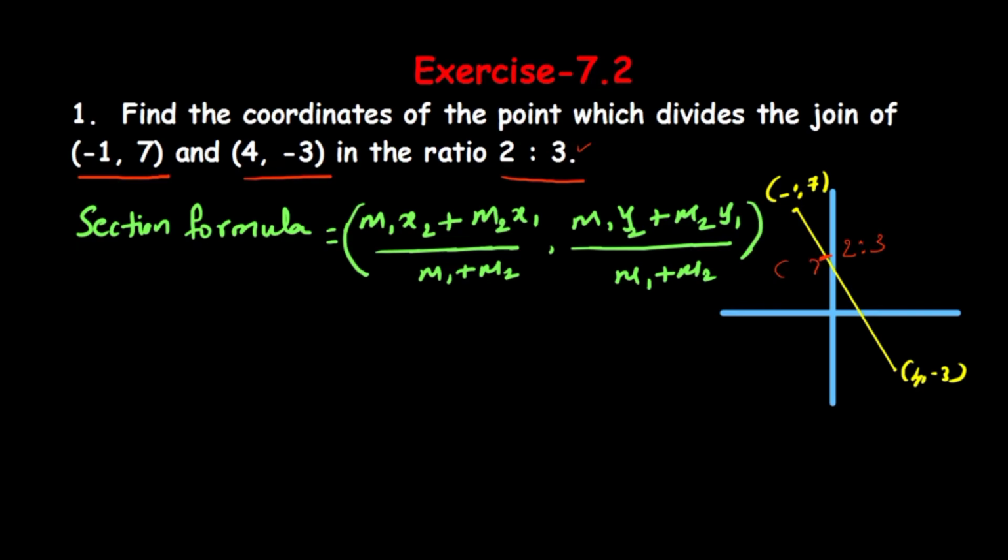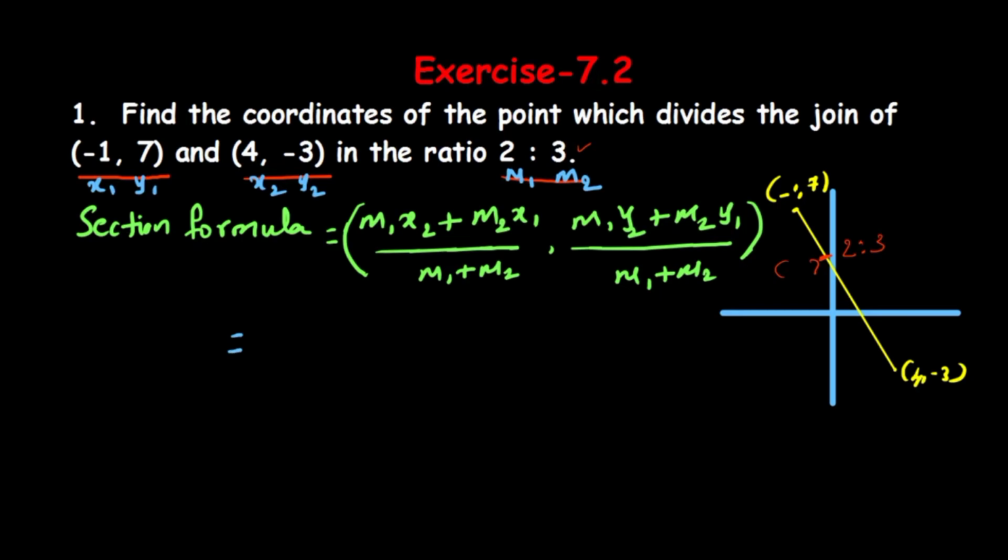What is m1 here? The m1 is the ratio part, so this one we consider as m1 and 3 as m2. So this is x1, y1, and here it is x2, y2.